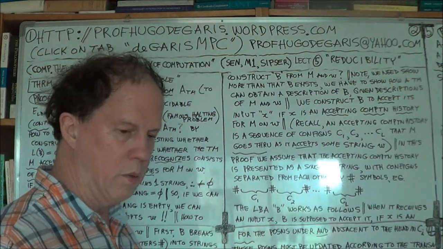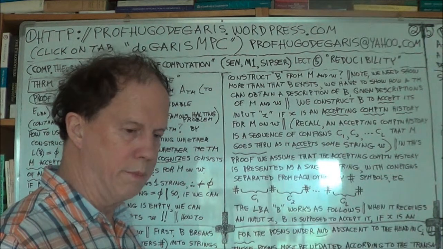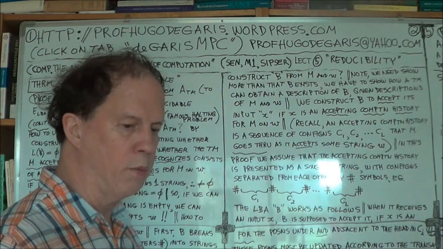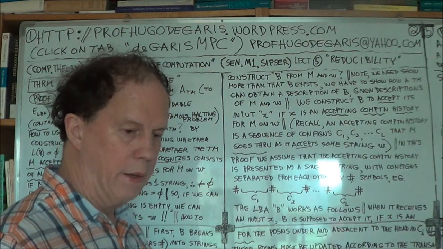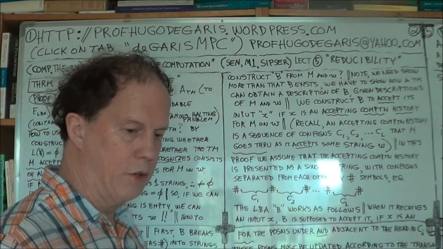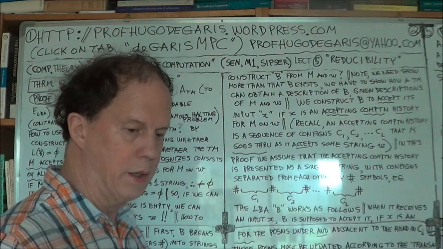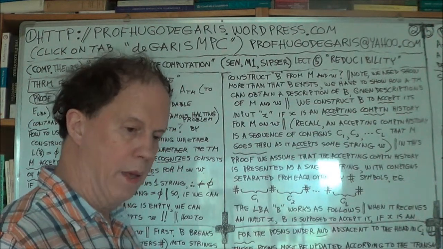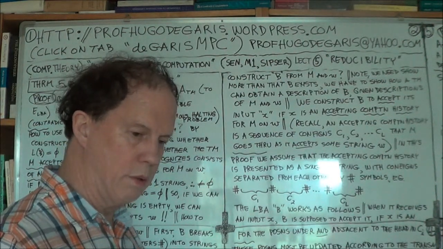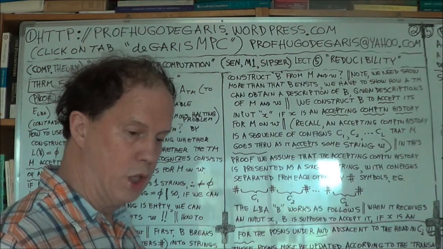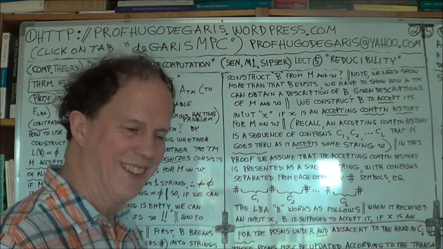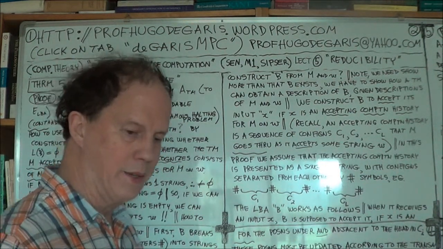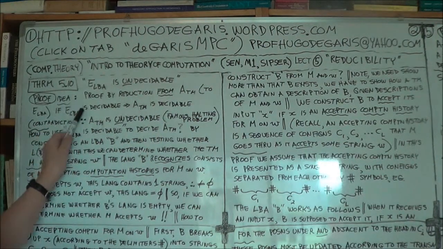So we're reducing problem A to problem B. What's problem A? Try to find a Turing machine that can decide ATM. Okay? And we're going to reduce that problem to finding a Turing machine B that will decide this language.